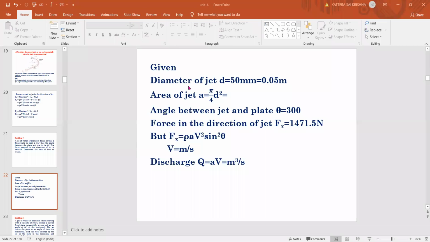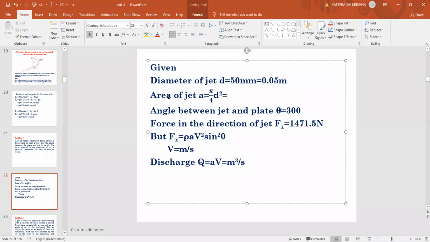Okay, so first write down the given data. So diameter of the jet is 50 mm, that is 50 by 1000, which is 0.05 meter. Next we can find out the area of the jet. So you can take small a equal to pi by 4 d square. So pi by 4 into 0.05 square.